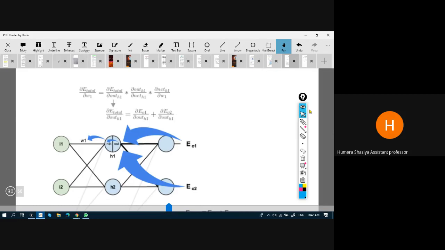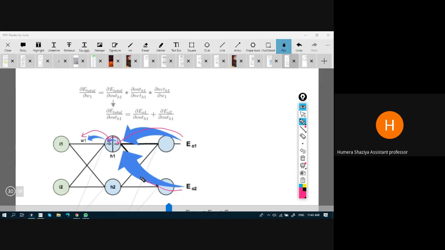Apparently, every weight will have an impact on every other weight. So out H1, net H1 is influenced by this. This one comes to this point, and this point comes to this point.